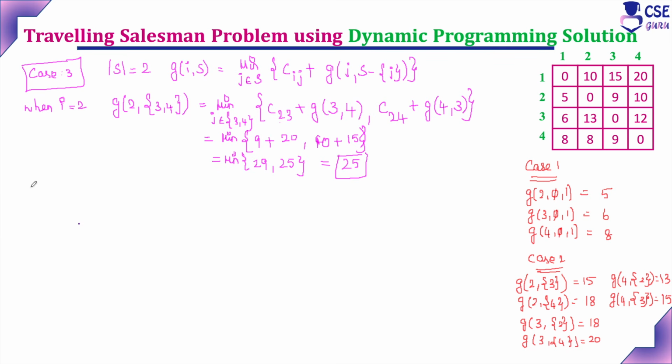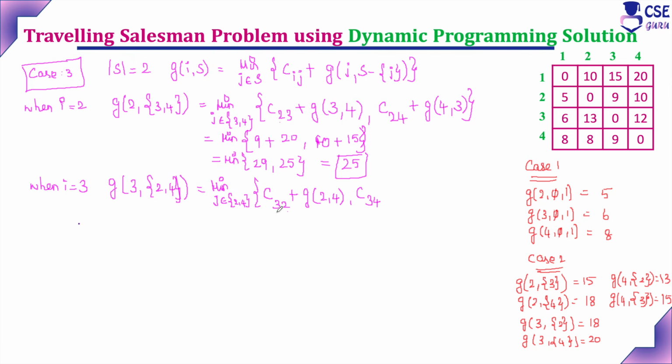Next, consider when you are going to visit the third city. If the current city is 3, the remaining cities to be visited are 2 and 4. So, minimum of J belongs to 2, comma 4. After visiting the third city, you can visit either 2 or 4. So, C 3, 2 plus, after visiting the second city, you can visit the fourth city, G of 2, comma 4, comma C 3, 4.